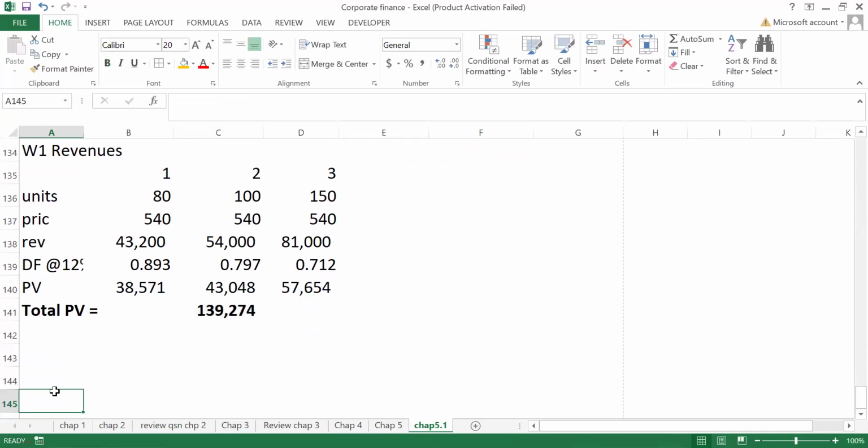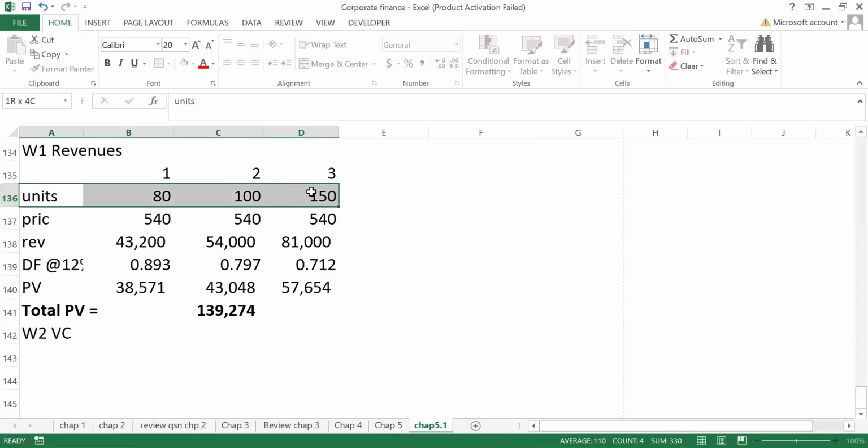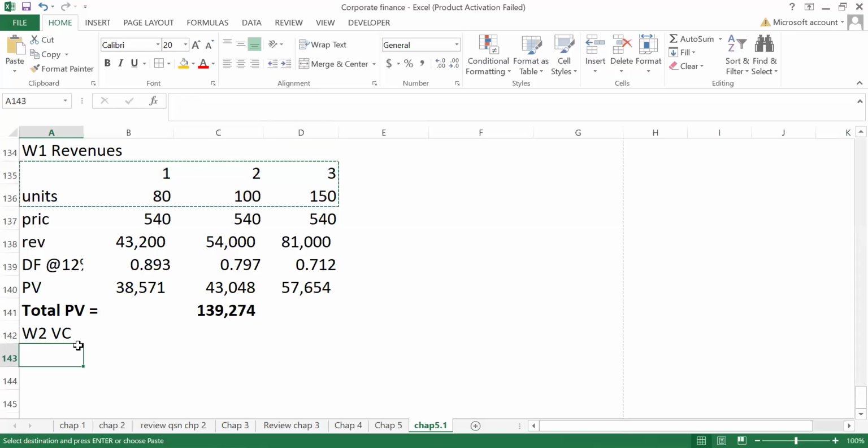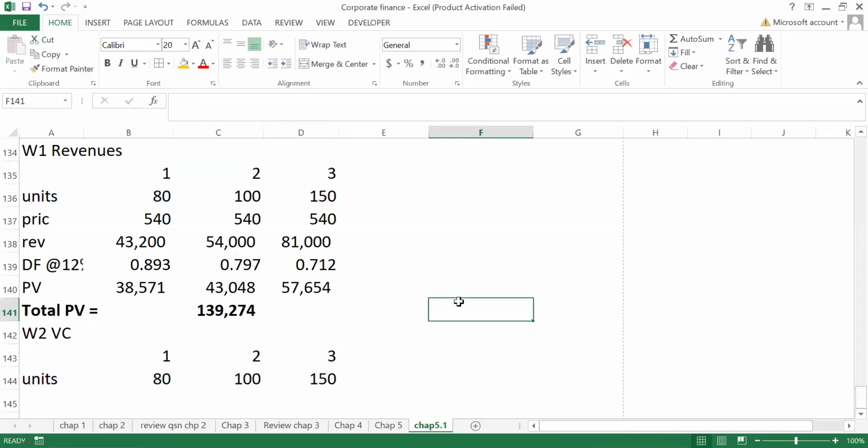Now I need also to get working number 2, variable costs. I can copy it here. What's the variable cost per unit?